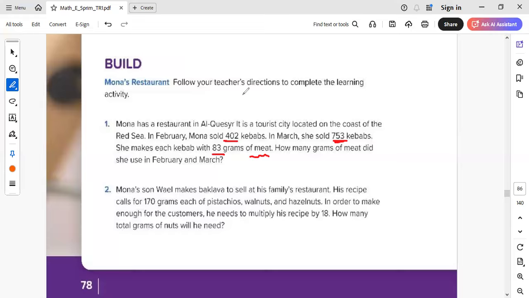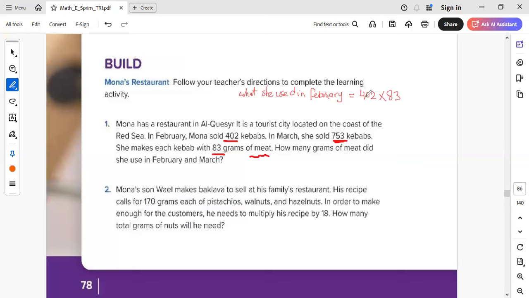So we are going to write what she used in February equals 402, the number of kebabs, multiplied by 83 grams of meat, because for each kebab she uses 83 grams of meat.